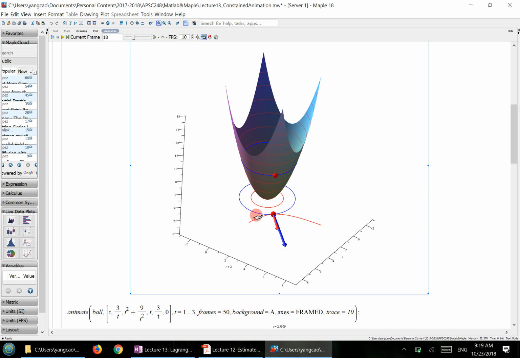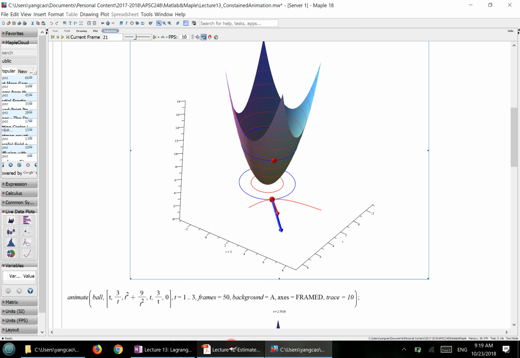So that's another nature of this constraint problem. The level curve of the function that you're trying to minimize will become tangent to the constraint curve at the local critical location, local min or local max.